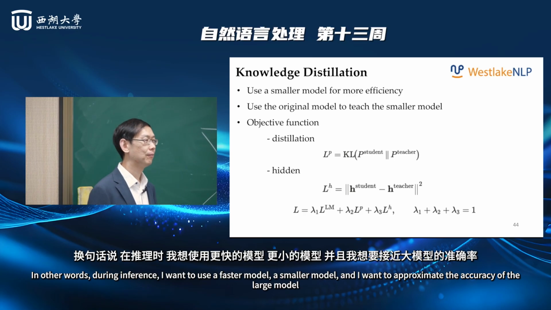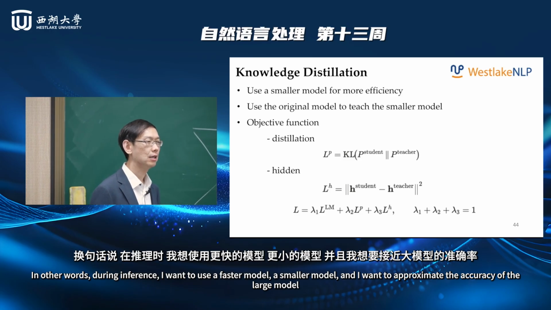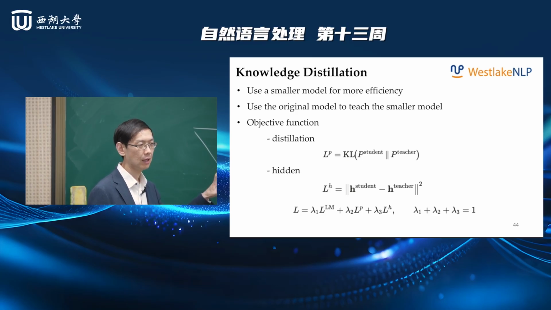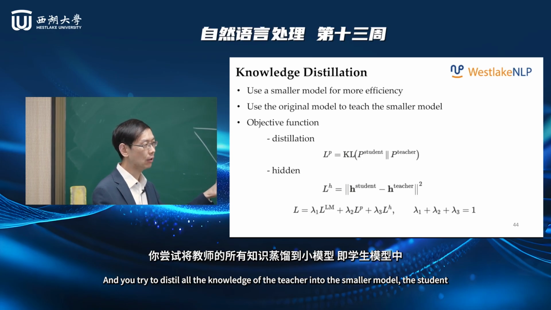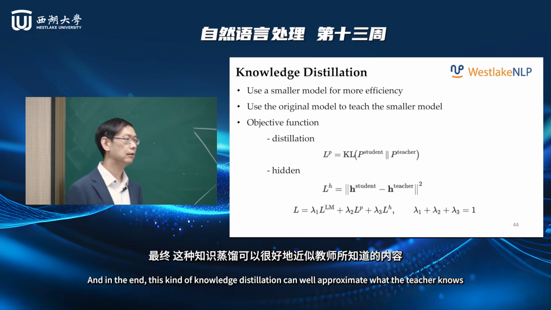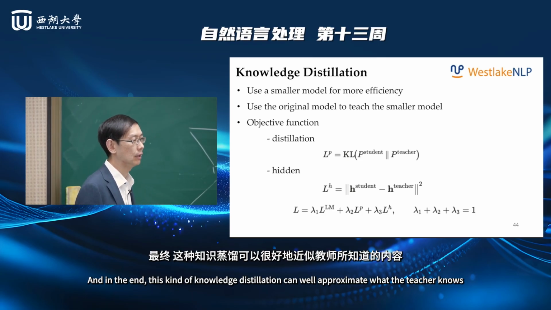In other words, during inference, I want to use a faster, smaller model, and I want to approximate the accuracy of the large model. How can you do that? You use a large model as a teacher which already has a lot of knowledge, and you try to distill all the knowledge of the teacher into the smaller model, the student. In the end, this kind of knowledge distillation can well approximate what the teacher knows.